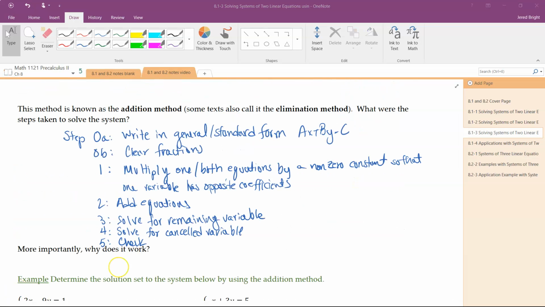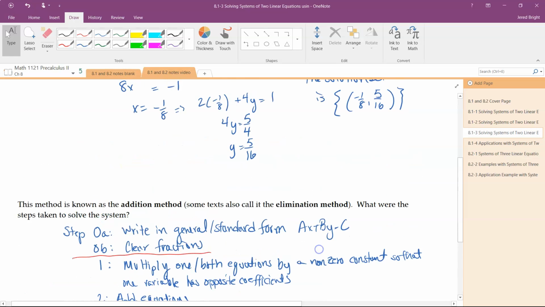So I have 5 steps, and there's kind of like 2 preliminary steps that you can take if you want to. If you want to, you can get things in standard form. That's just useful so that you can kind of line everything up and cancel it out later. And then clear fractions. We saw that in the last video. If you want, you can do that. But really, you want to multiply one or both equations by a non-zero constant so that one variable has opposite coefficients.